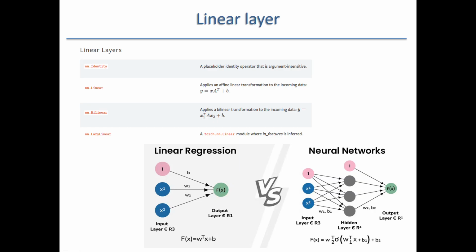The final output is the input of this one, multiplied by a second matrix, this W2 transpose, plus some bias coming from this node. Here we have the formula for two-layer regression, but my message here is that linear layers and dense layers are almost the same except for this non-linear activation function.